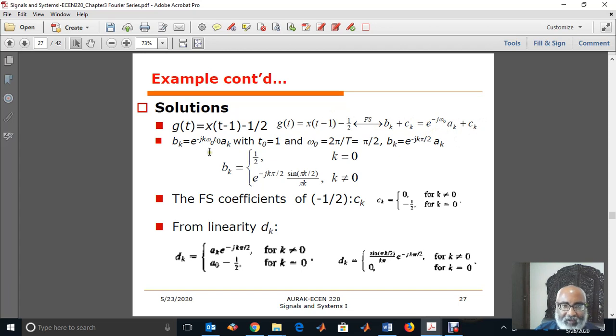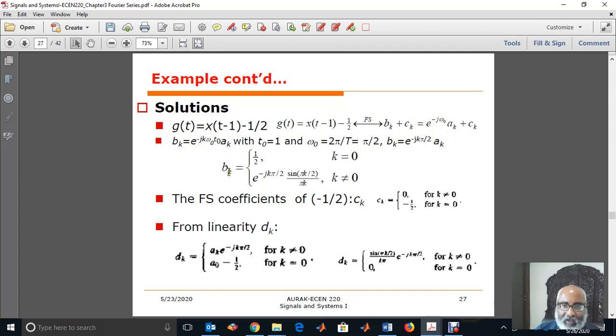So omega naught is 2 pi over capital T, which is pi over 2. So it will be e raised to minus j k pi over 2 times a_k.